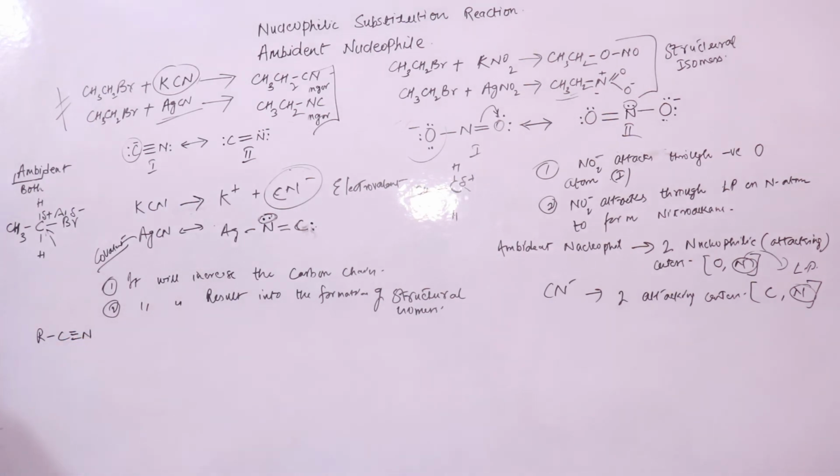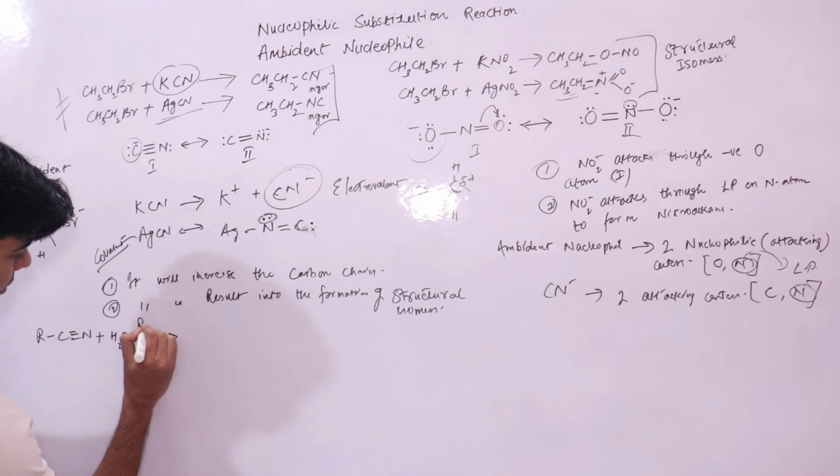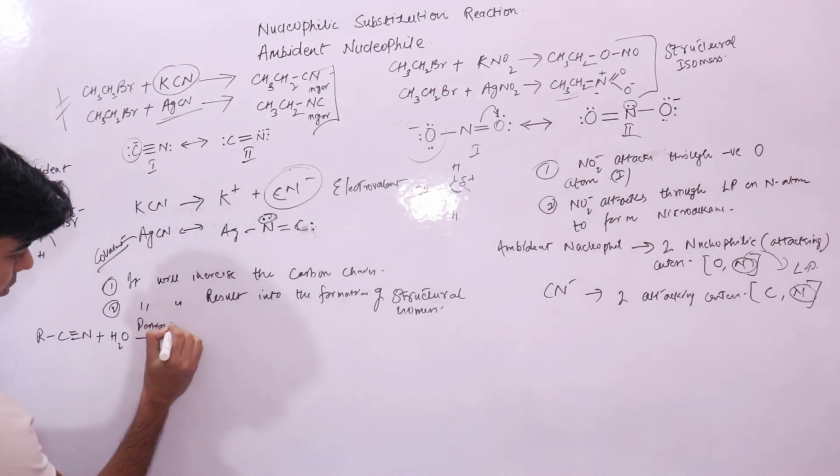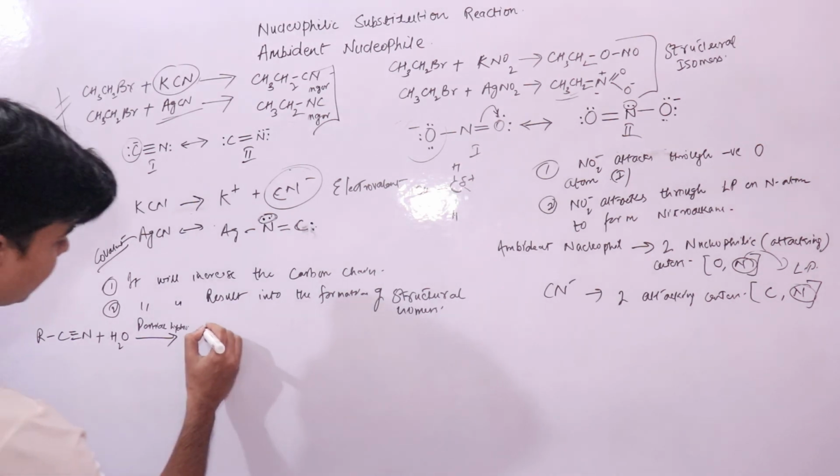Right, this is the cyanide. R is for alkyl group. Partial hydrolysis of this compound will result in an amide. Partial hydrolysis in the presence of alkaline hydrogen peroxide or concentrated hydrochloric acid will form an amide.